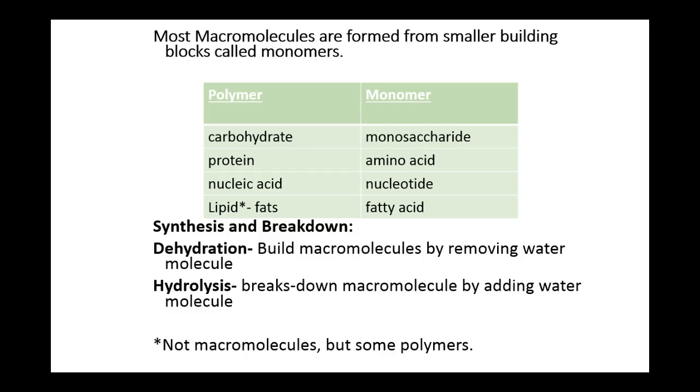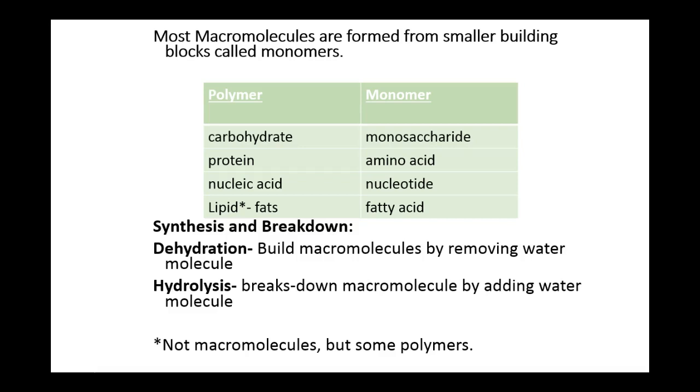Protein is the polymer, and you have many proteins functioning in your body. The monomer is the amino acid. The polymer is a nucleic acid, the building blocks of DNA and RNA, that genetic material that you have. And the monomer is a nucleotide. And then lipids, fats, not exactly a macromolecule, but it does kind of fall in the middle there, and its monomer is a fatty acid.